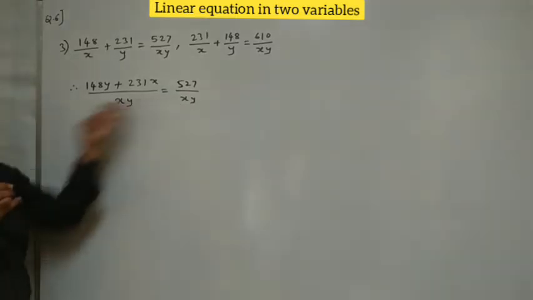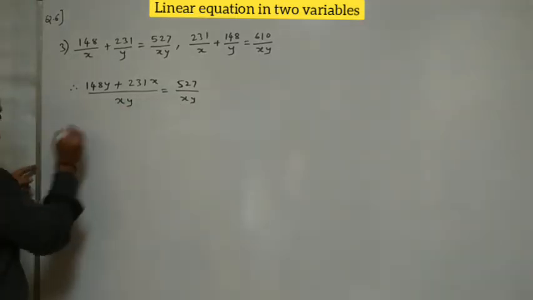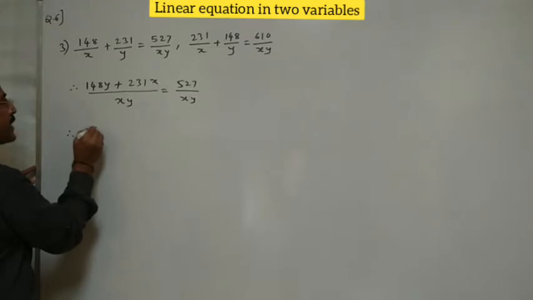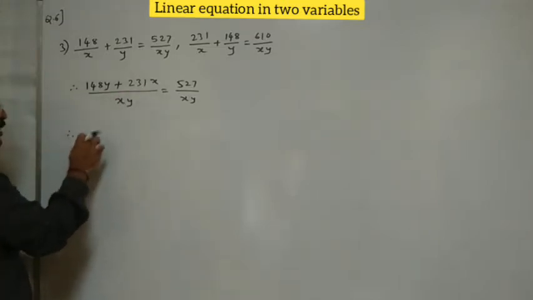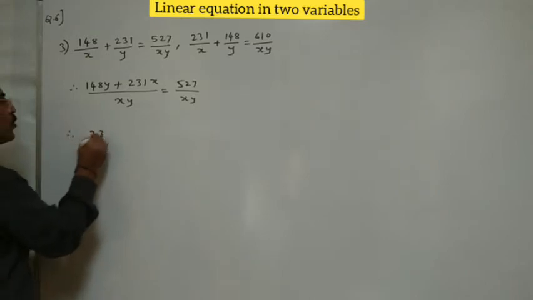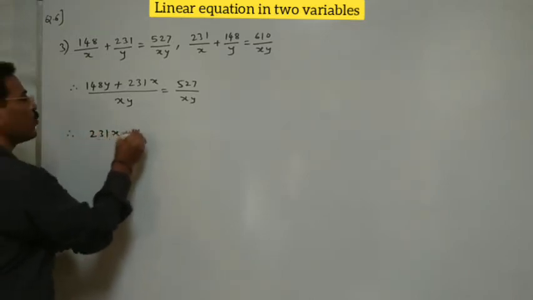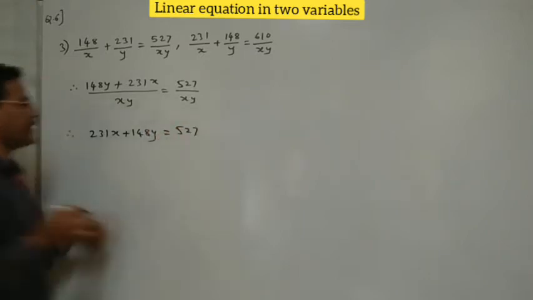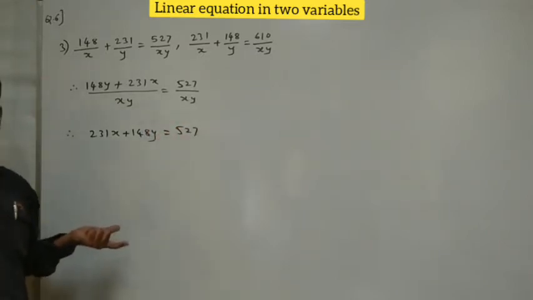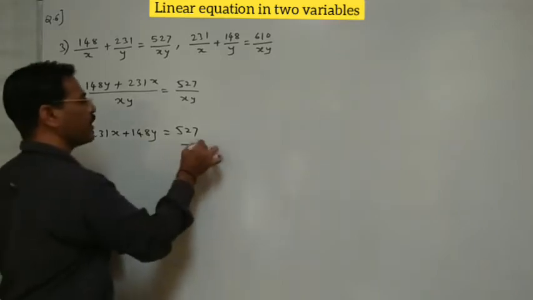Now multiply both sides by xy. Then what will we get here? 148y is there, no? So I will write the x term first. Look here: 231x plus 148y is equal to 527 on that side. Look how easy it is. This is equation number 1.